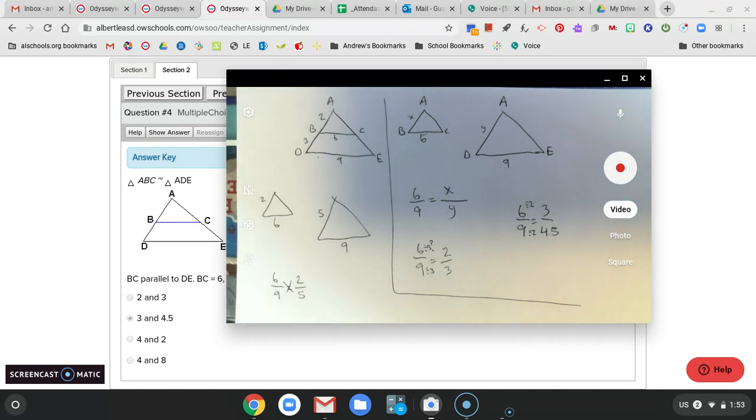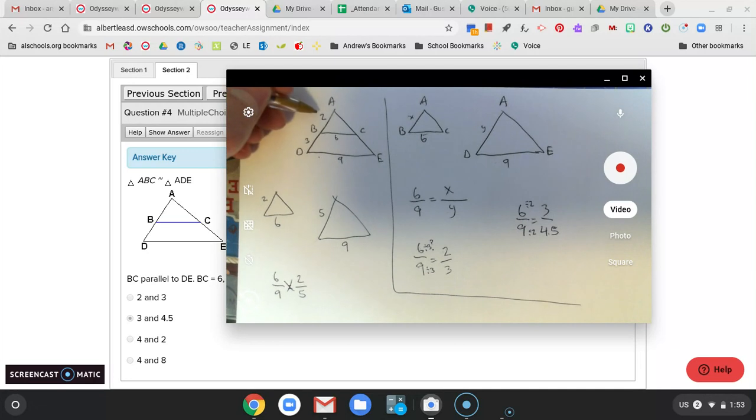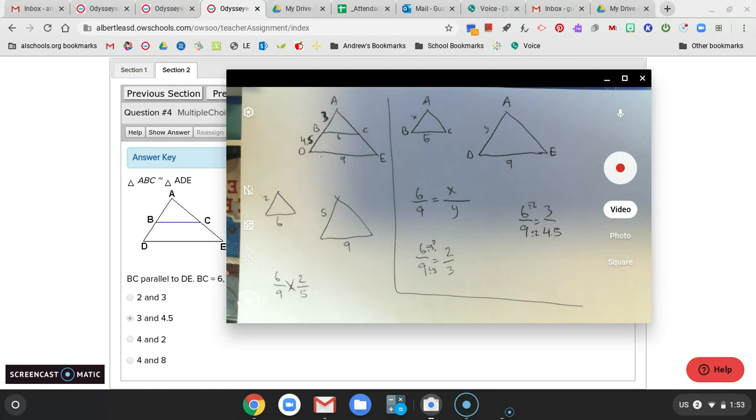All right, let's look at the next one. 3 and 4.5. So now this is 3, and this is 4.5 there. That means the entire side is going to be 7.5, because 3 and 4.5 together is 7.5.